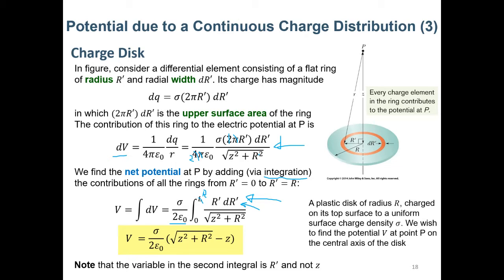So r prime dr prime becomes d of r prime squared over 2, and we can add c squared because it is just a constant. Then the denominator is this one to the minus 1/2 power. So finally we can find the answer, which looks like this. Any questions?